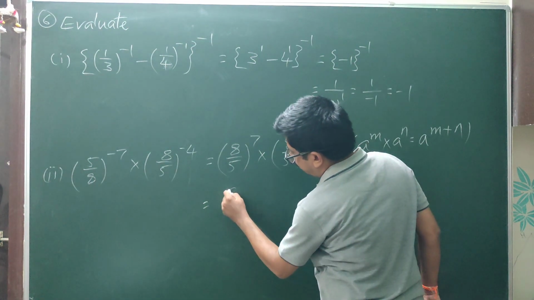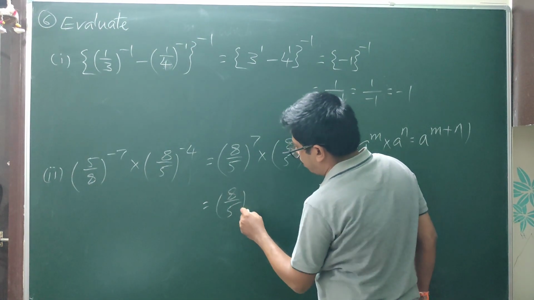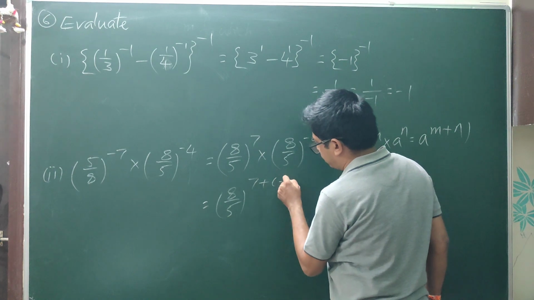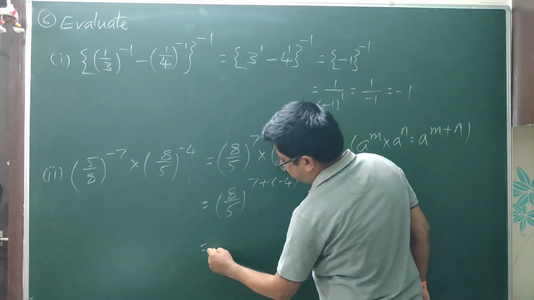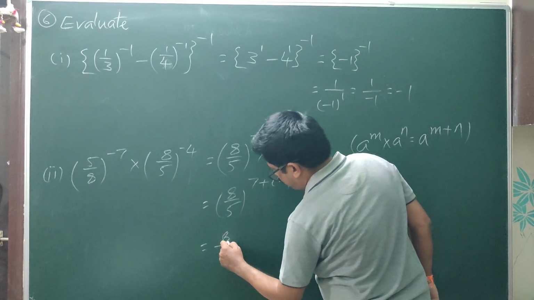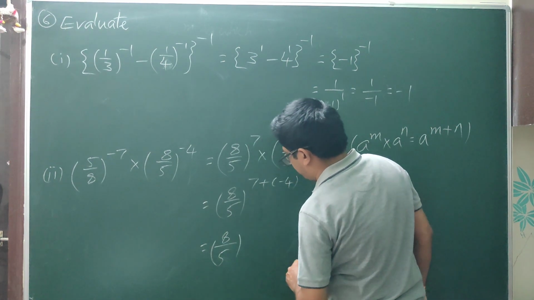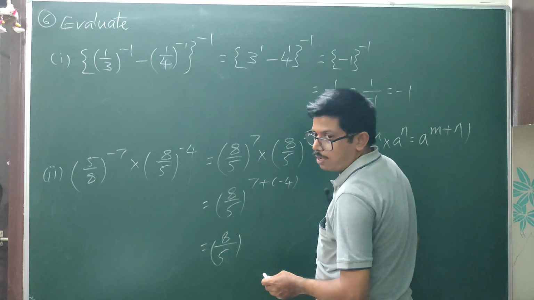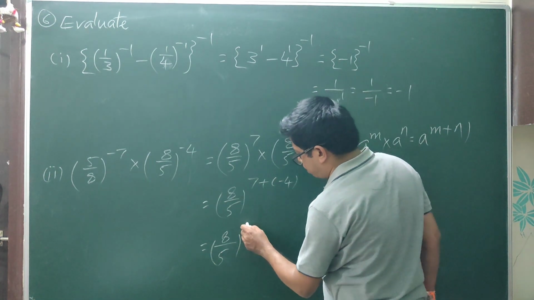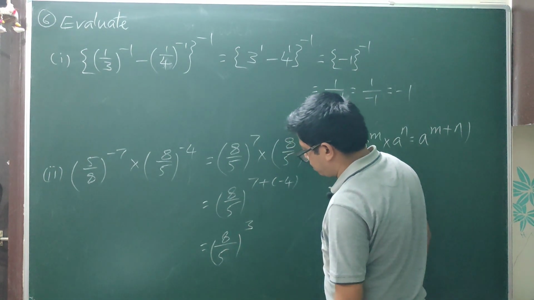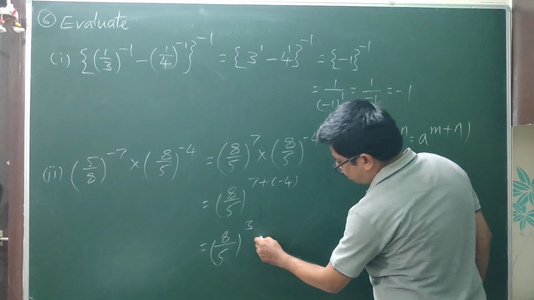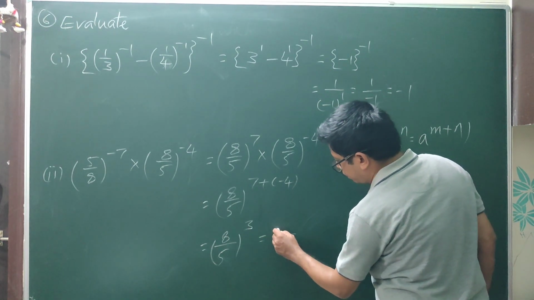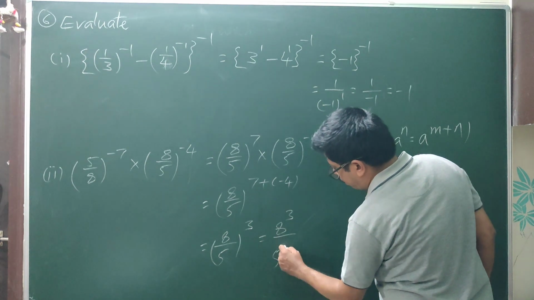So here (8/5) to the power of 7 plus minus 4. 7 plus minus 4 is the addition of positive and negative terms, so it becomes 3. That equals 8 cube by 5 cube.